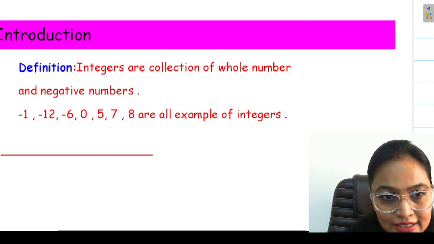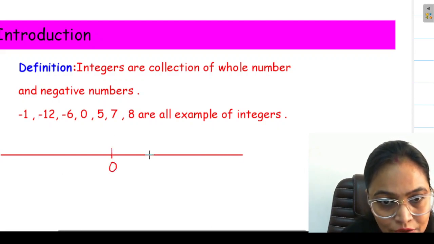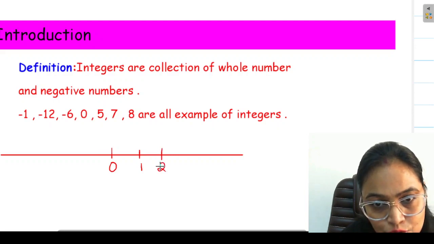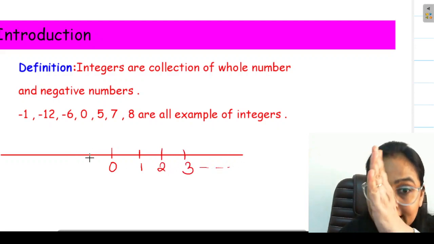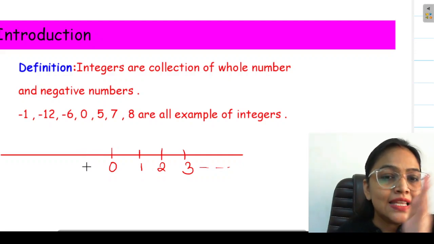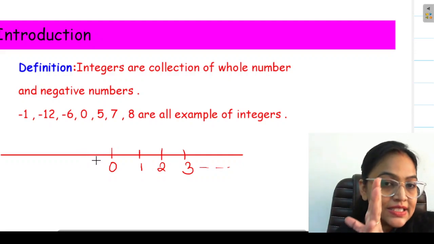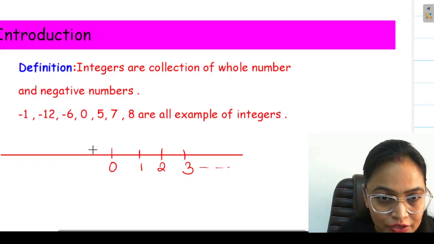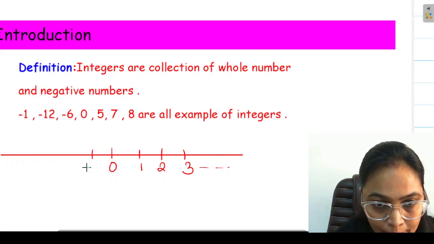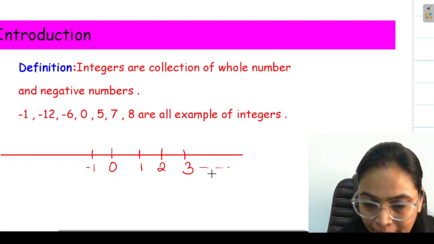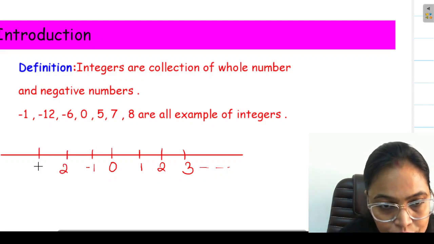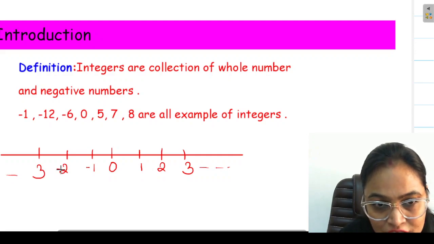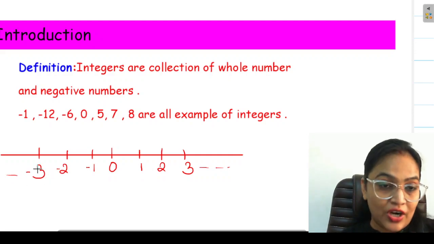To understand this, we will see that this is 0, this is 1, this is 2, this is 3, right, till infinity. Now, the numbers which are less than 0 are represented on the left hand side of the 0 as -1. That is the whole mirror image of this 1, 2, 3, 4. I'll just write first 1, 2, 3 like this, and we'll just put a minus sign in front of these numbers.